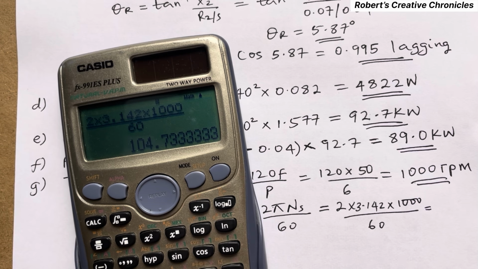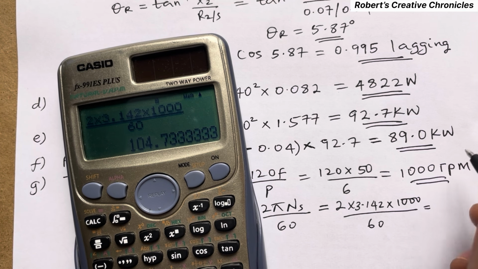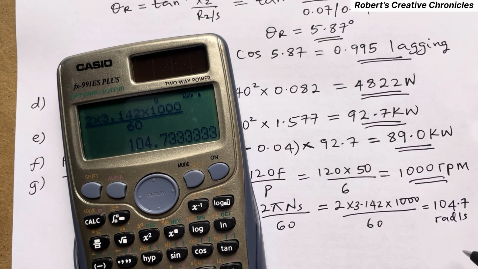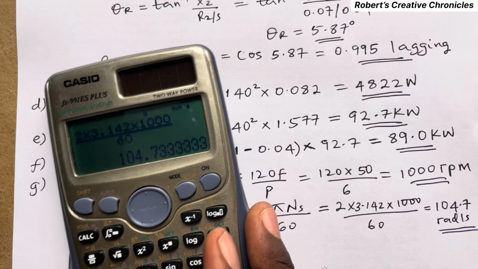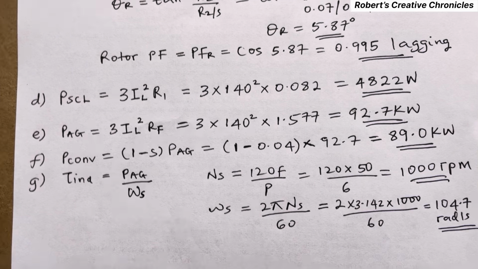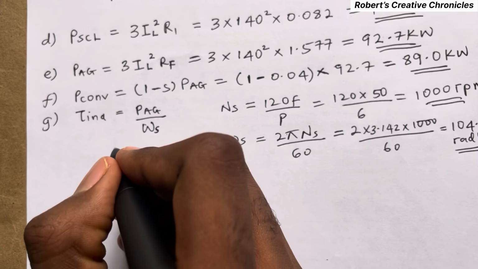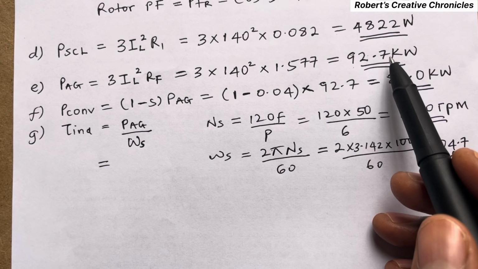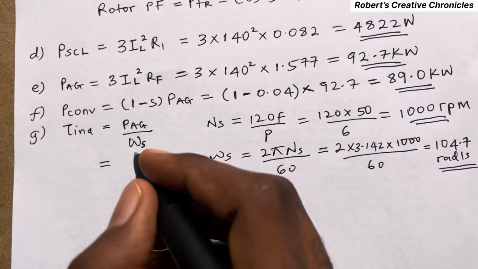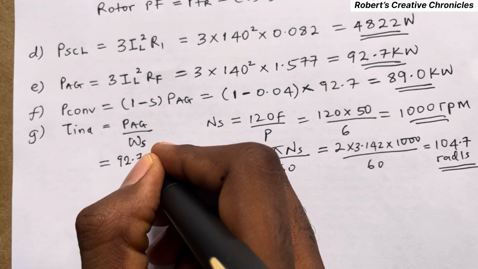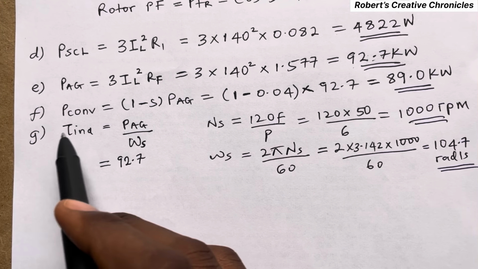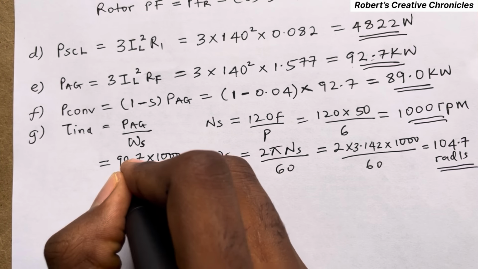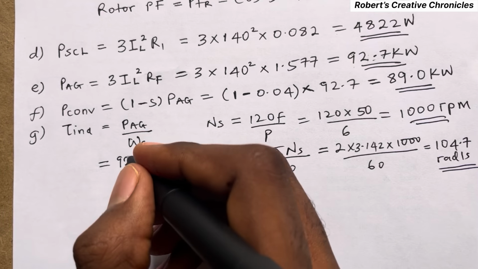So this is the synchronous speed in rad per second, 104.7 rad per second. So now we can find this. What is the air gap power? The air gap power is 92.7 kilowatts. And since this is in kilowatts and our induced torque must be in Newton meters, we have to multiply by 1000 over 104.7.